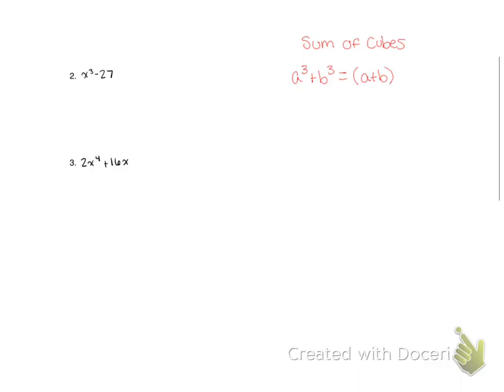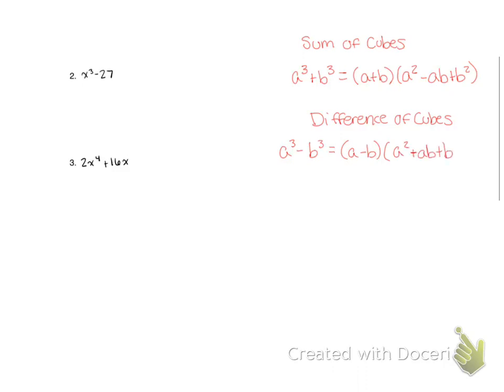It's a plus b, and then a squared minus ab plus b squared. Okay, so that's if you add. Here's the difference. So if you have a cubed minus b cubed, it'll be a minus b, a squared plus ab plus b squared. Okay, so this is whenever you need to recognize your perfect cubes.